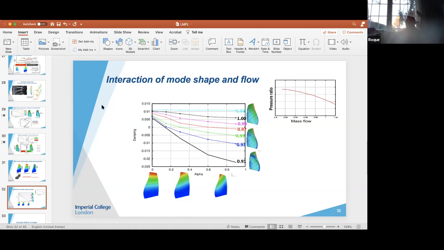You are not seeing a massive separation. In the worst case, you are seeing a mild separation that creates that radial migration, but you cannot see a fully separated flow in those cases.